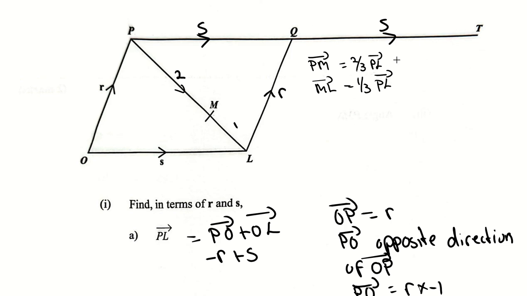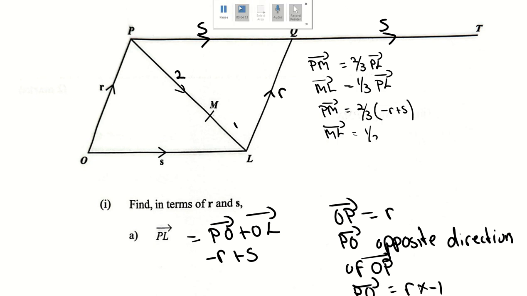After we have done this, we know that PL is minus R plus S. So PM would be 2/3 of minus R plus S. You could leave it like that if you want. And ML would be 1/3 of minus R plus S, which again we can leave like that.